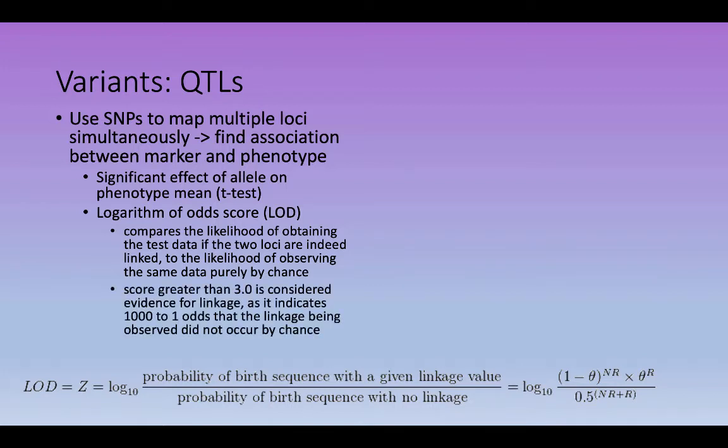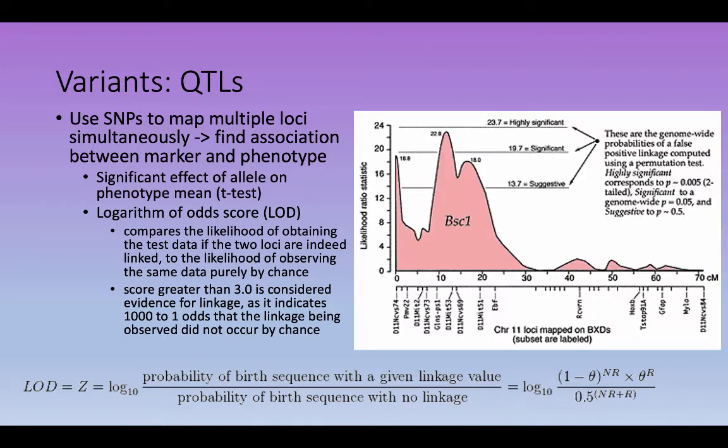And typically, if we get a score greater than 3, that's considered to be evidence for linkage. This indicates 1,000 to 1 odds, so 10 to the third, that the linkage being observed did not occur by chance. And this is an example of how we can see the log likelihood ratio statistic over here on the left, on the y-axis, right?